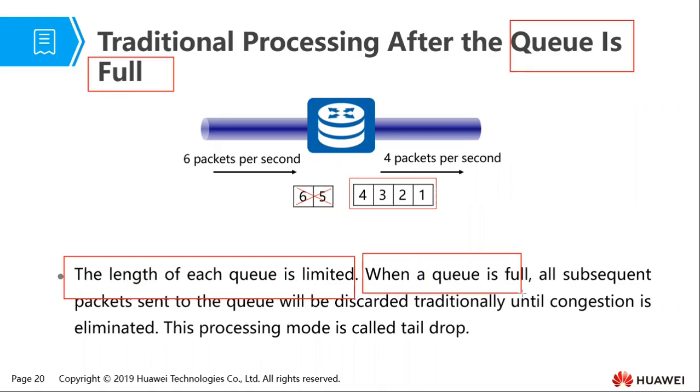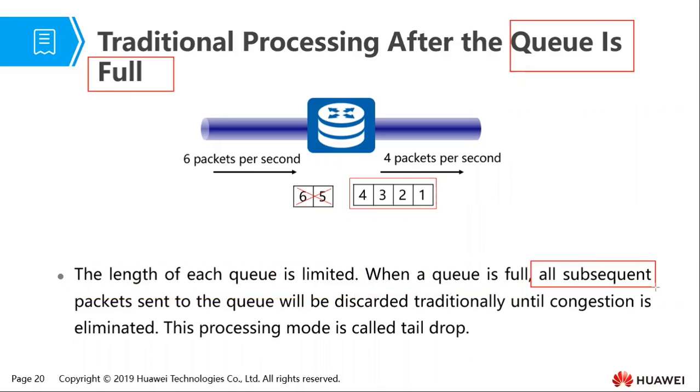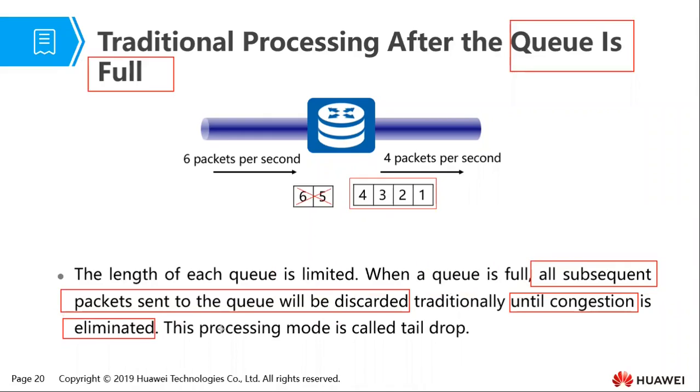What happens when the queue is full? All subsequent packets sent to the queue will be discarded until congestion is eliminated. This processing mode is what we call tail drop.